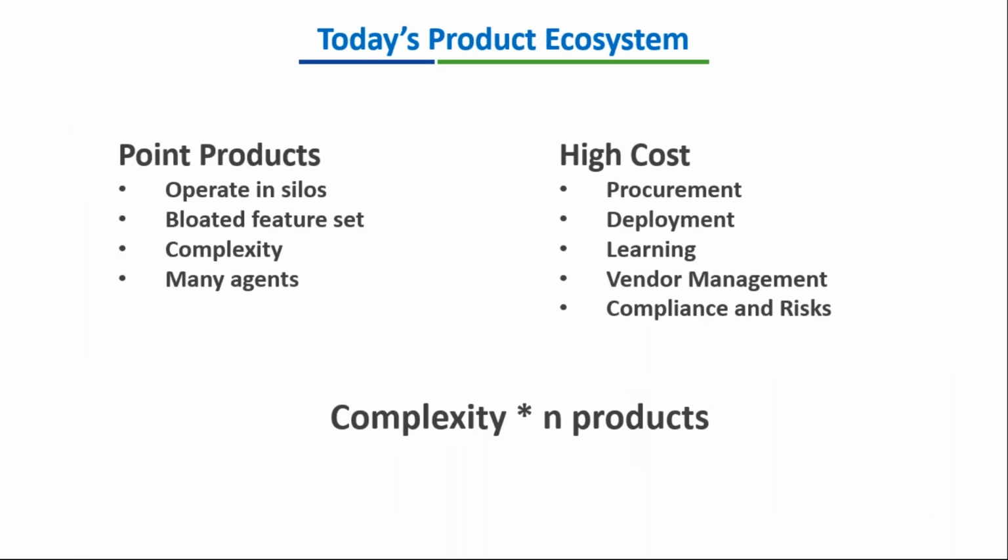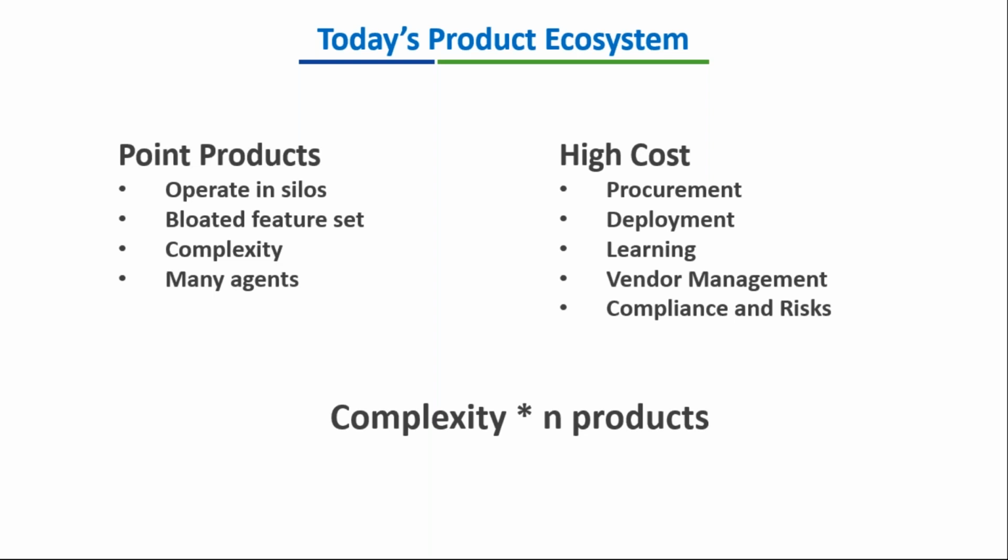The product ecosystem essentially is that there are a large number of point products that we invest in. All of them operate in silos. Each of them has a bloated feature set, adding to the complexity. We end up investing in tools that have multiple agents that you have to run, taking a performance hit on these systems and losing productive hours of the workforce.